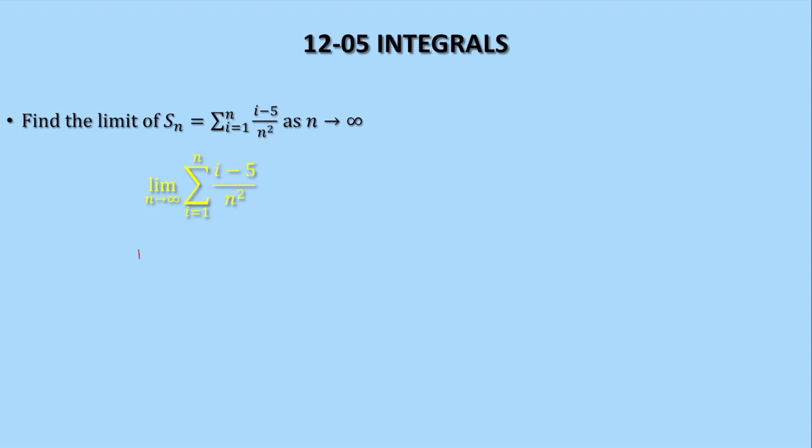One way is we could split our fraction here into two parts: i over n squared minus 5 over n squared. And then we could use the associative property and do the sum of each one of those.